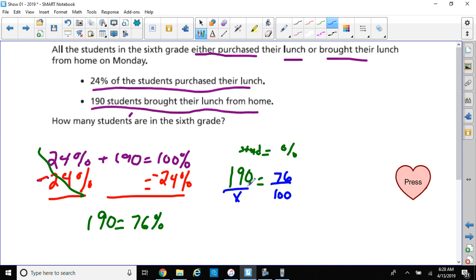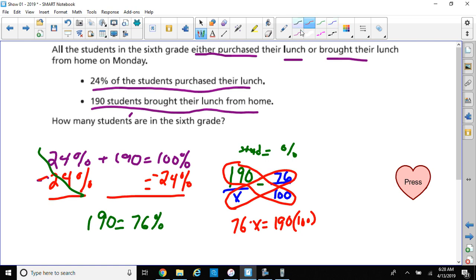Okay, so now I have a proportion. We've dealt with proportions before, and if you haven't, check out my proportions video. All we're going to do is cross multiply and solve for the missing unknown. So let's start cross multiplying. We'll have 76 times x is equal to 190 times 100.